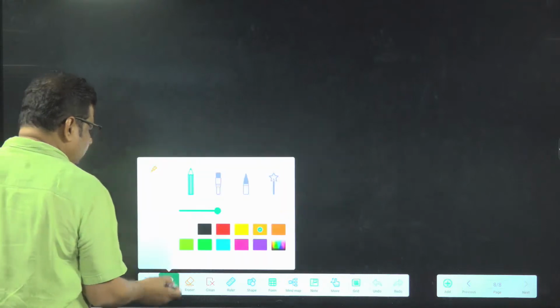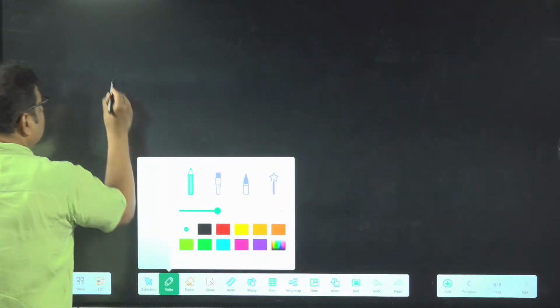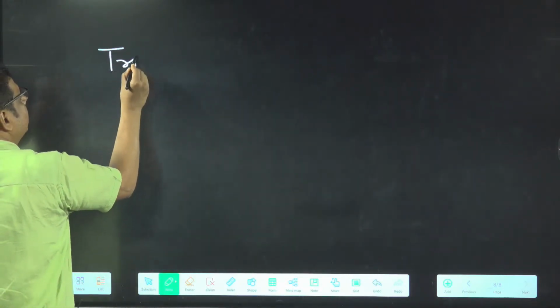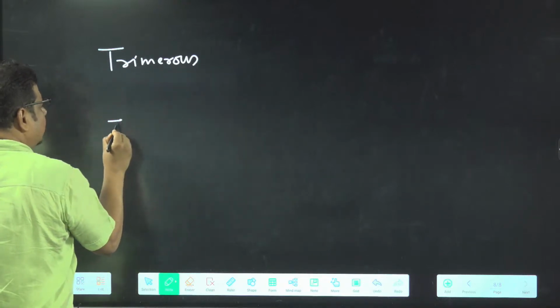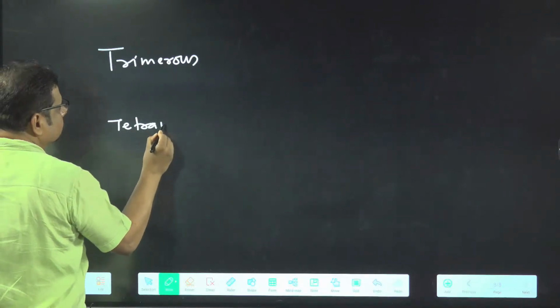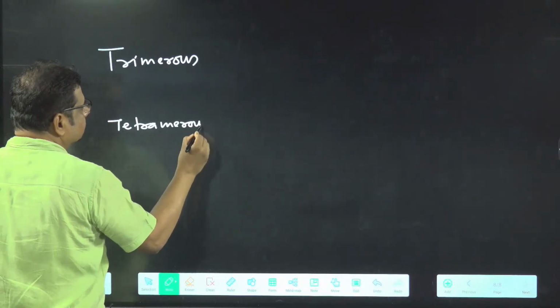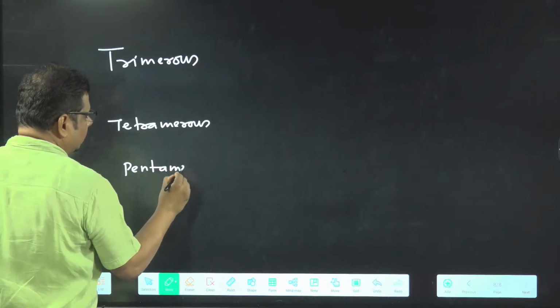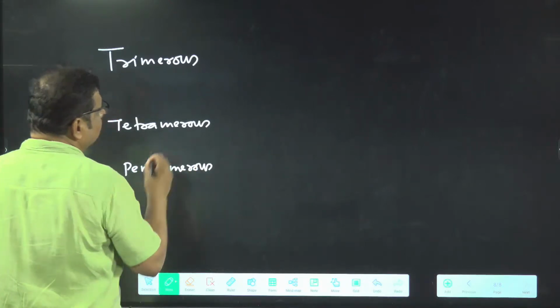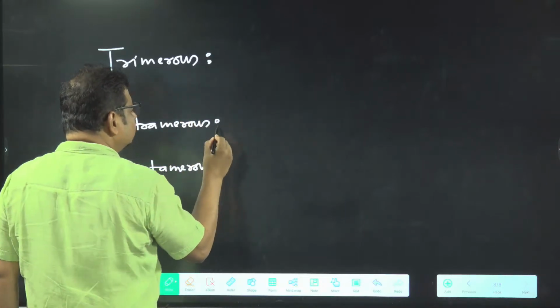Now we are going to deal with three more terminologies in flower. That is Trimerus, Tetramerus, and Pentamerous. Right? What is Trimerus? Tell me.